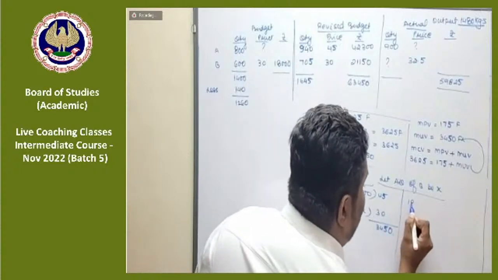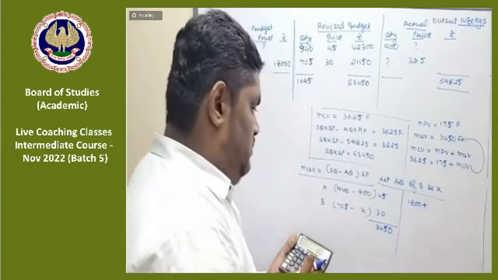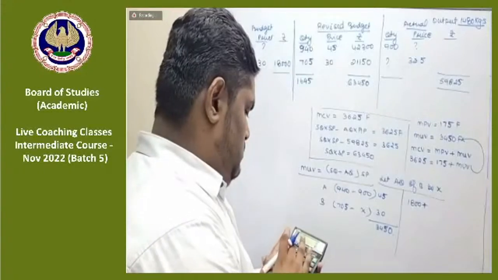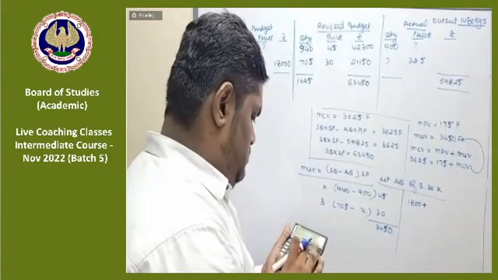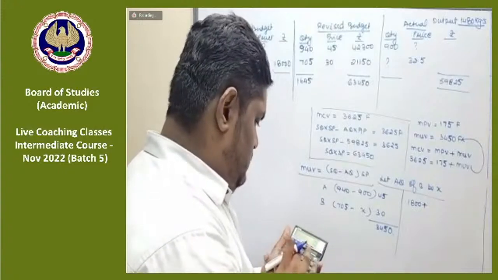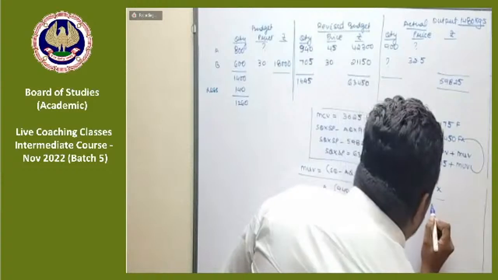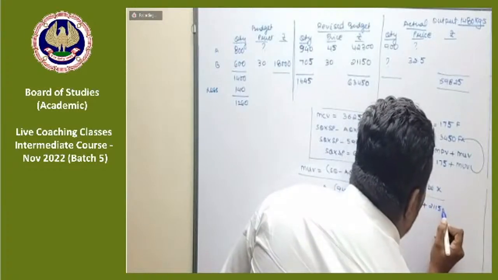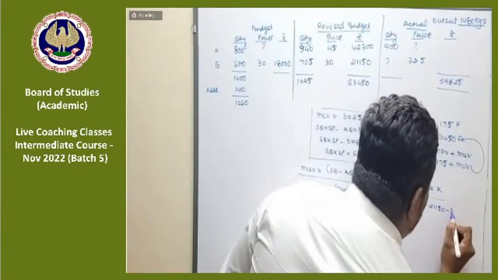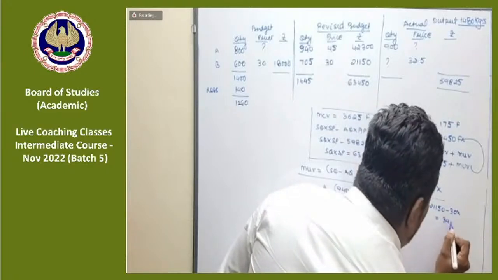This will be 1800 plus 21150 minus 30x. This should be equal to 3450.